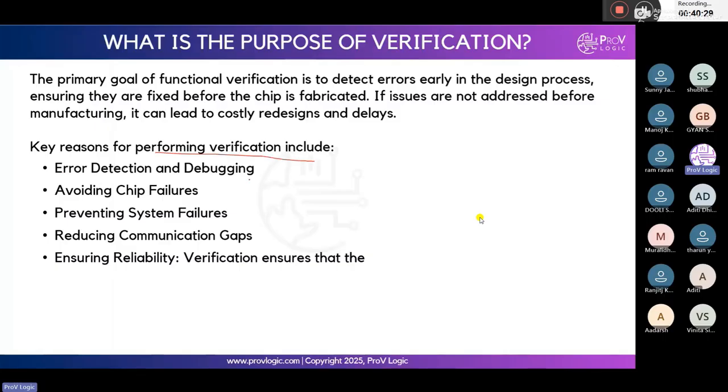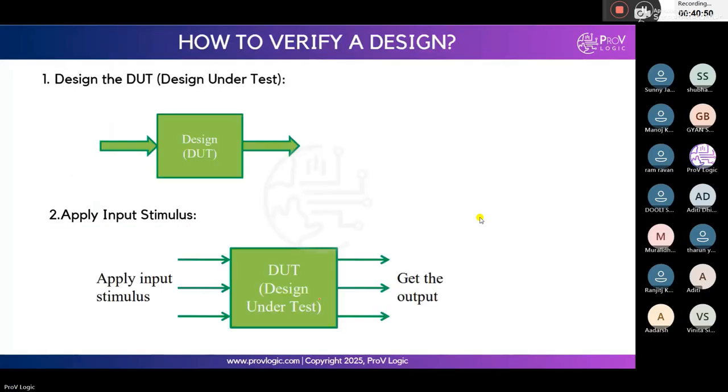Mostly to detect errors and debug, avoiding chip failures and preventing system failure after fabrication. Before that only we need to check and debug, reduce communication gaps and ensure reliability.